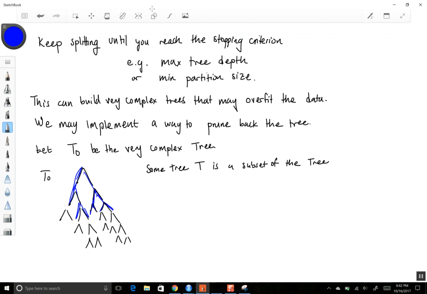This might be just what's worth keeping, and all of this other stuff, maybe that's not worth keeping. So how do we do this? Well, we can do something called weakest link pruning or cost complexity pruning.